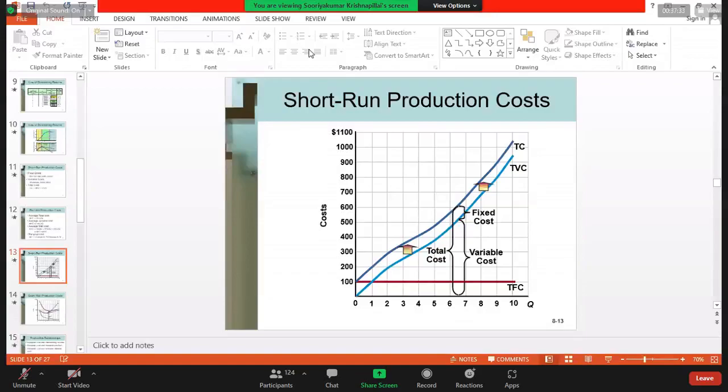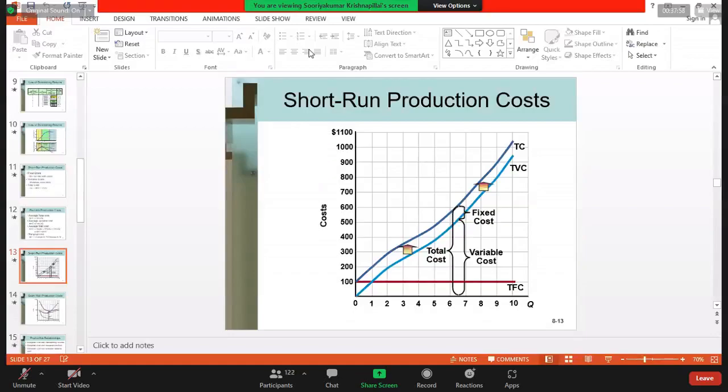When we produce more and more output, we need more material and more labor, so variable cost increases. But variable cost initially increases at the decreasing rate. You can see the slope of the total variable cost is decreasing up to a certain level of output.